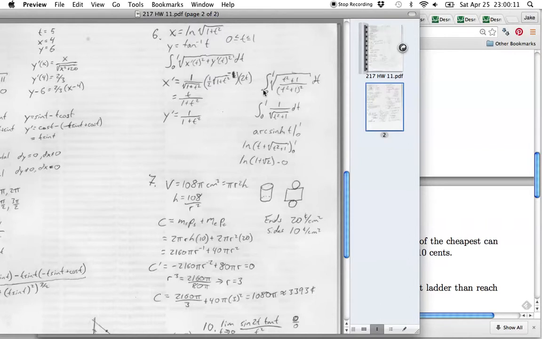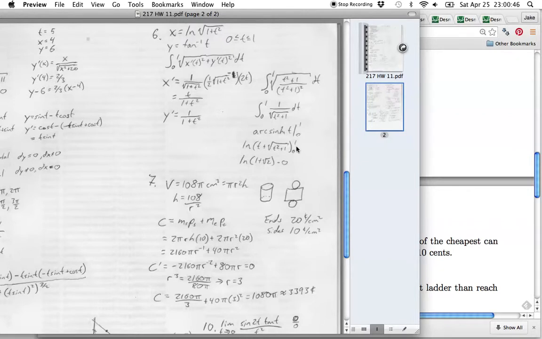And we're going from 0 to 1. Of course you can see that this is going to reduce because there's a whole term here. So we get 1 over that, and the square root of 1 is just 1, so we put the square root just to the bottom. Now this integral is the hyperbolic arc sine, so we can evaluate it that way, or its equivalent is the natural log of the quantity t plus the square root of the quantity t squared plus 1.